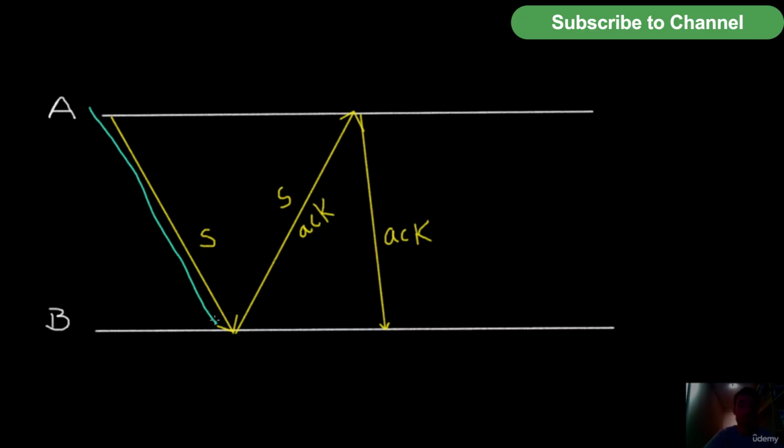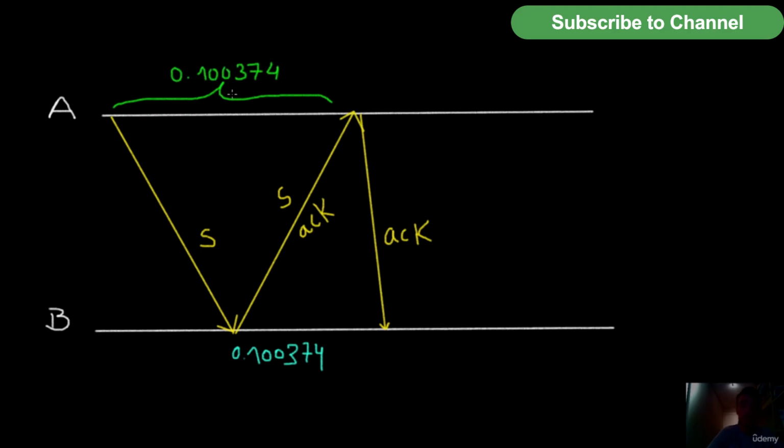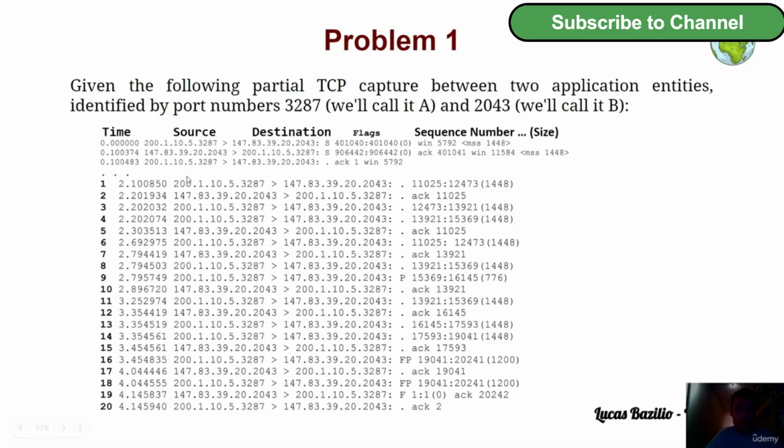With the first segment we send at time 0, and the second we send at this time 0.1. Okay, this essentially means that this time is precisely the value of a round trip time. And the reason that this is the round trip time is, as we can see, if we analyze now the third packet, the time frame gives us 0.100483.